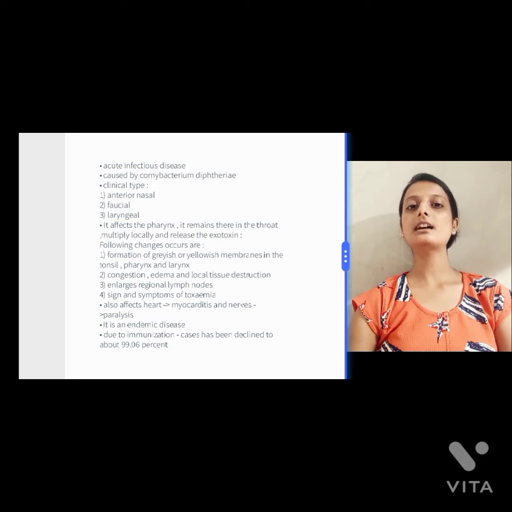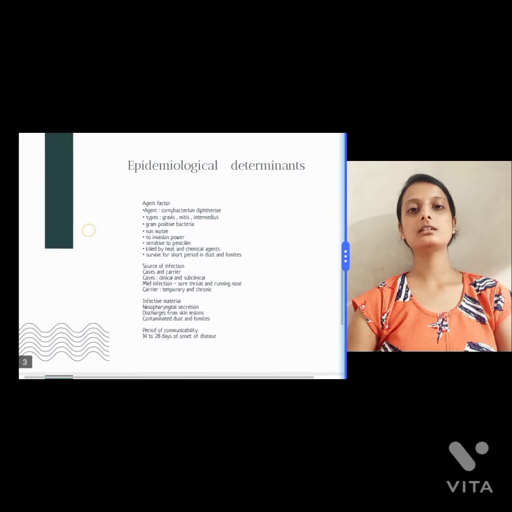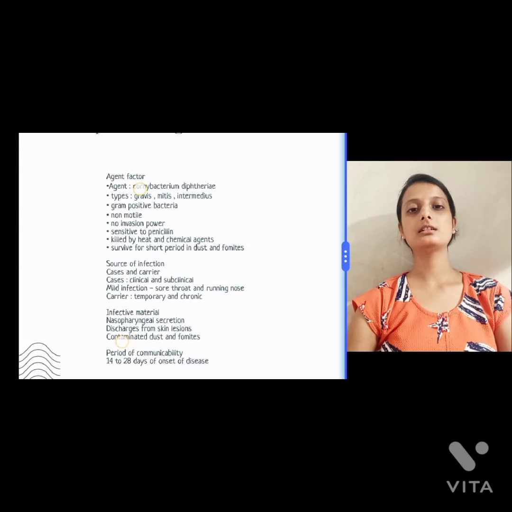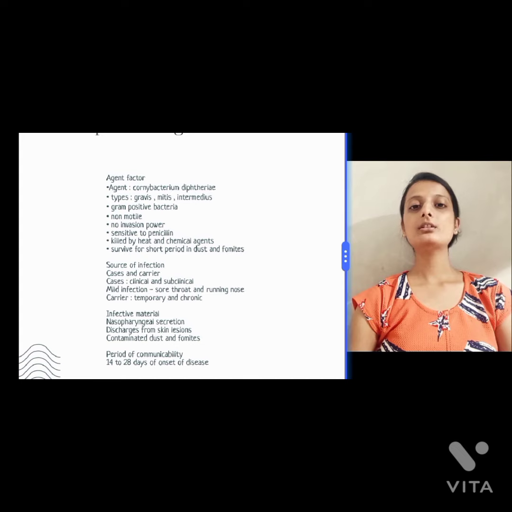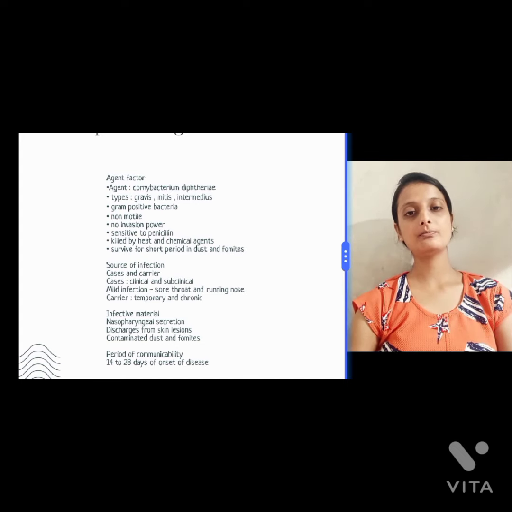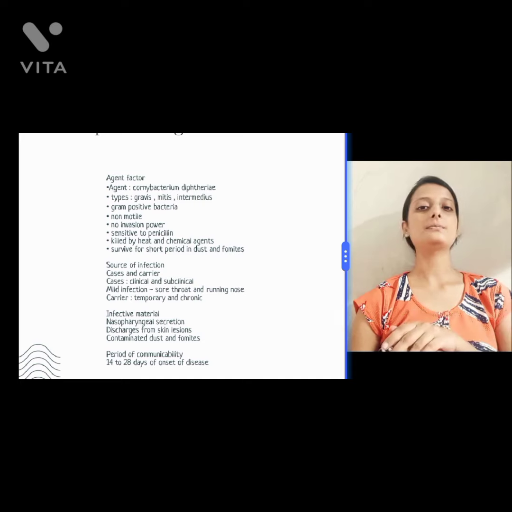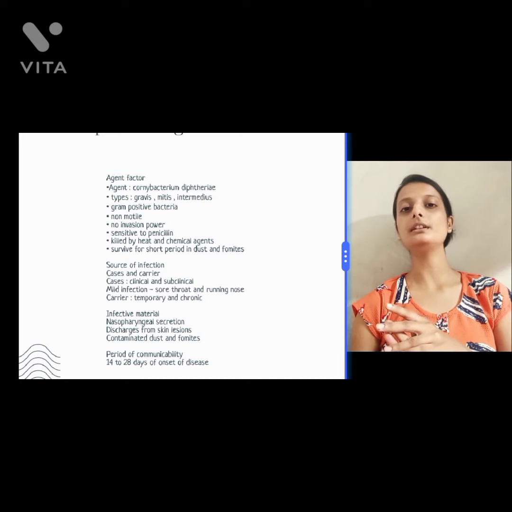Now we'll start with the epidemiological determinants. In that, the agent factor is Corynebacterium diphtheriae. It has three types: gravis, mitis and intermedius.